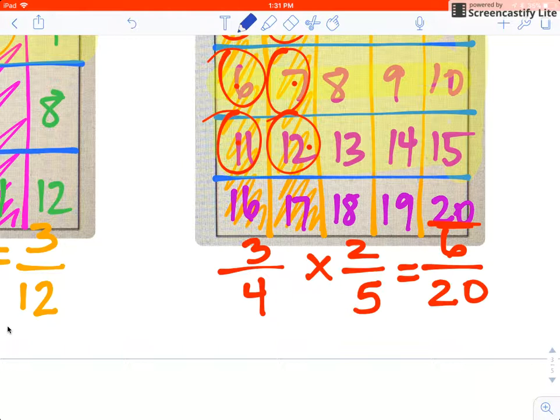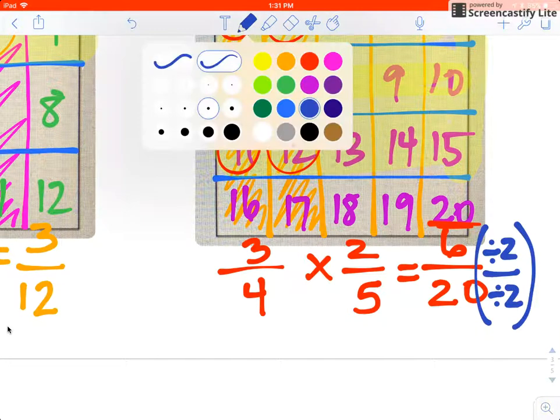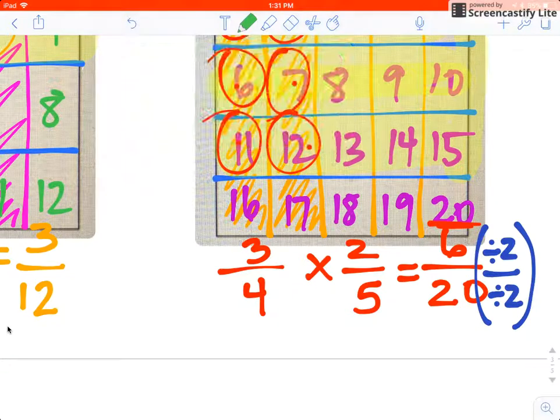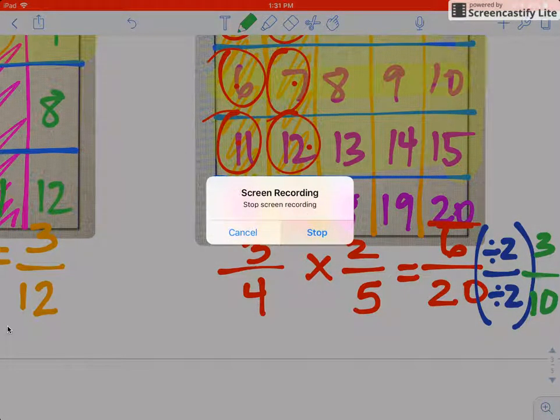So I'll do 6 divided by 2 and 20 divided by 2. And when I do that, I'll get a fraction that is in its simpler or smaller terms. So 6 divided by 2 is 3, 20 divided by 2 is 10. So 3/10 is equal to 6/20. It's just simplified. And I see that now he has 3/10 of that brownie pan. All right.